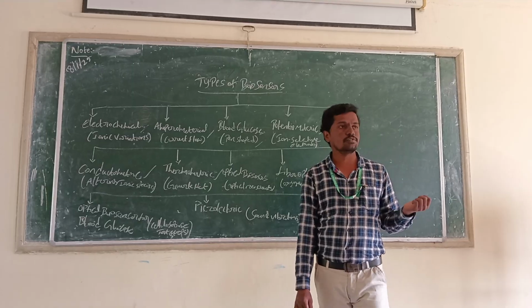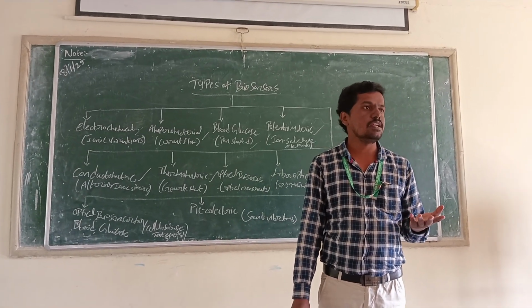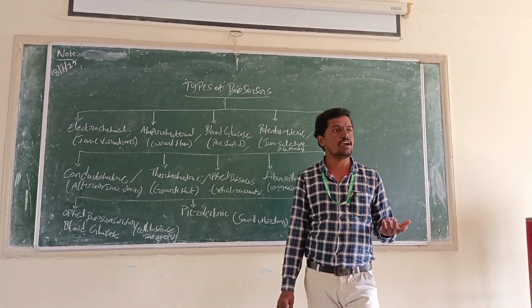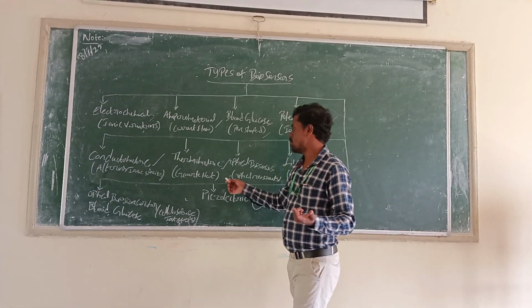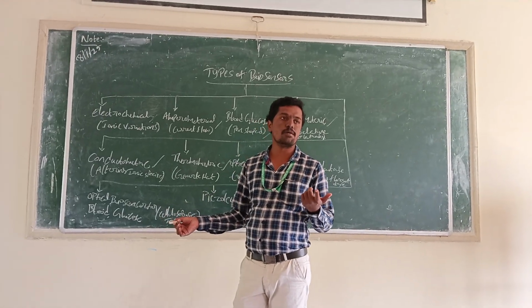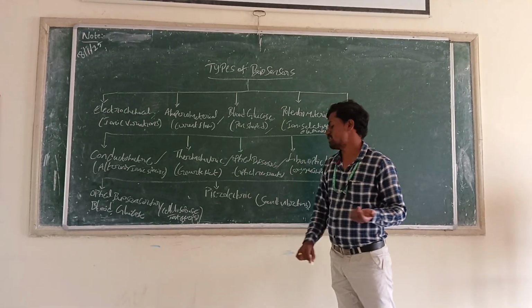The next type is thermometric. Whenever there is generation of heat from any chemical or biological reactions, we identify and calculate the generated heat with the help of thermometric sensors. Next one, optical biosensors.